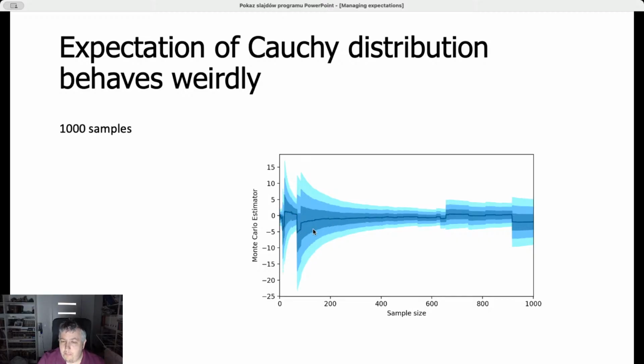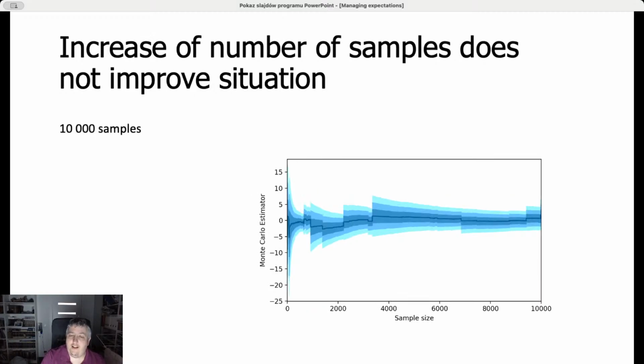And that will be happening. You get some convergence and then an outlier comes up. And so on and so on. And it can happen any moment. Even if we take 10,000 samples, we still won't have a convergence because the expected value does not exist. However, you should note one thing.